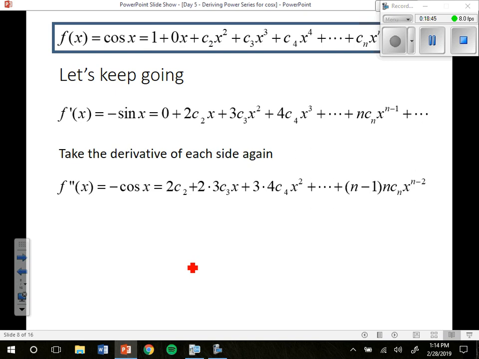And I get negative cosine x equals 2C2 plus 2 times 3C3 plus 3 times 4C4x squared, and so on. If I plug in 0, all these terms are going to go away. And I'm going to get negative cosine 0 equals 2C2, which means C2 equals what? Negative 1/2.